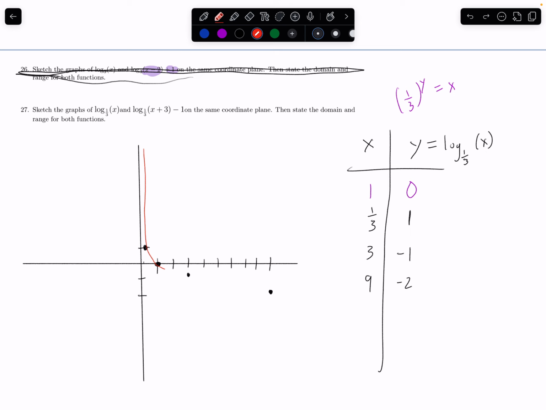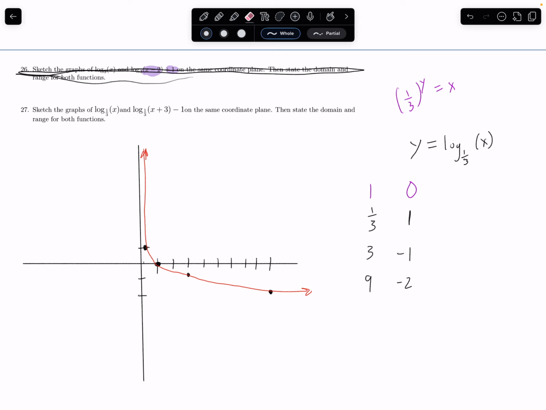There you go. Okay, so see it's decreasing this time, whereas when the base is a number bigger than 1, it's increasing. But still the basic tenets are true. Your domain is going to be from 0 to infinity, range is from negative infinity to positive infinity.